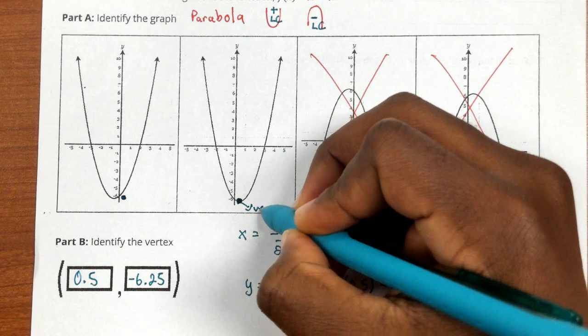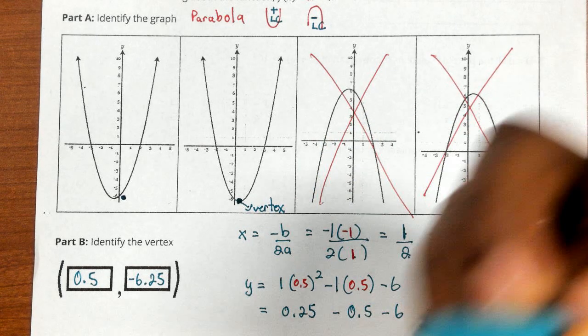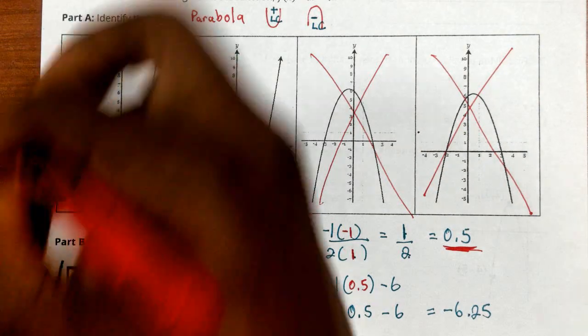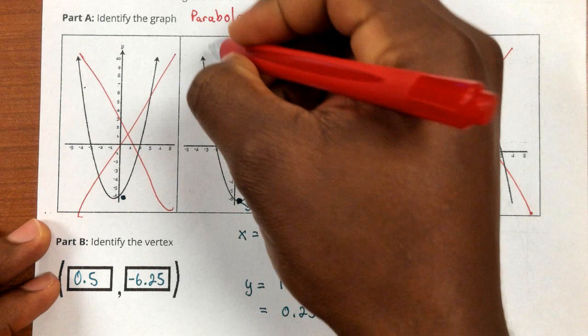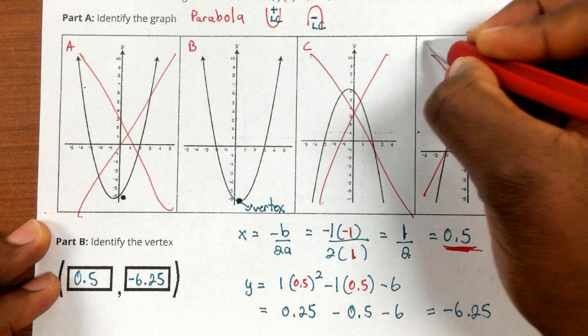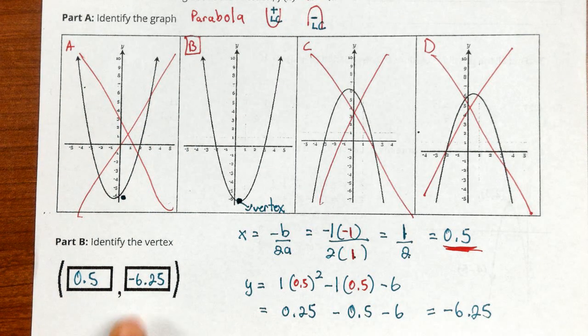Yes. That is where the vertex, the peak where all points meet, would be. So this would be wrong, and this would be my answer. If this was an A, B, C, D question, the answer would be B, and this is what the vertex would be. Alright, so again guys, just like that.